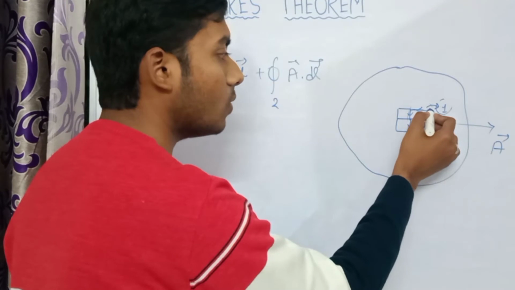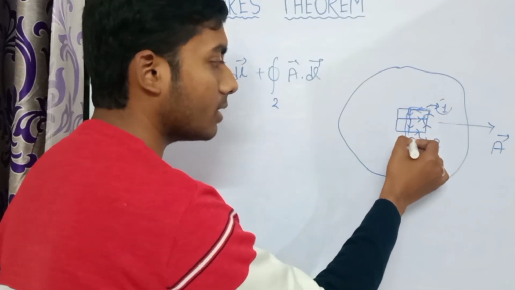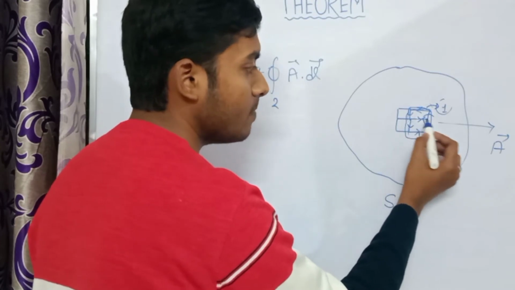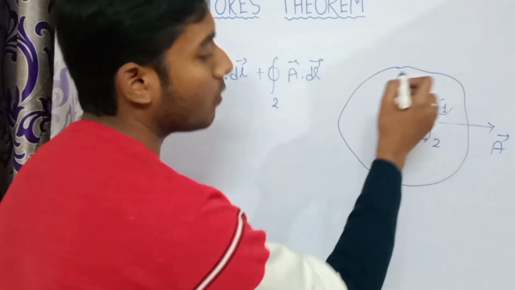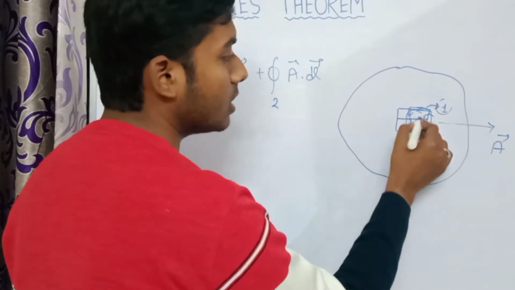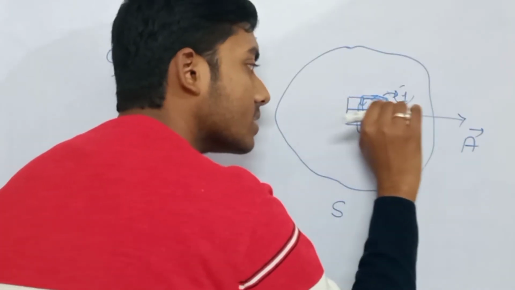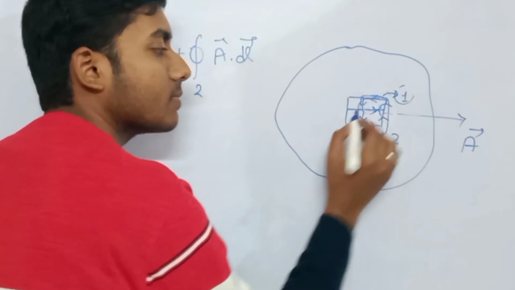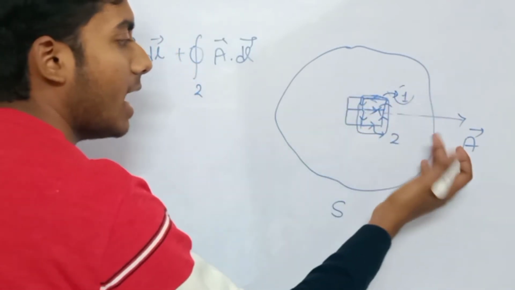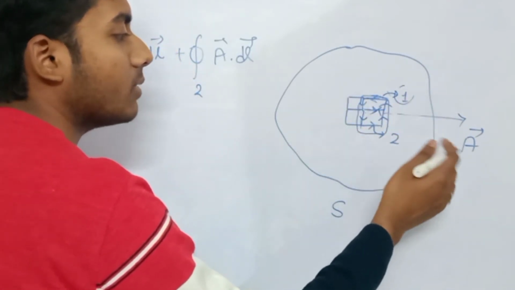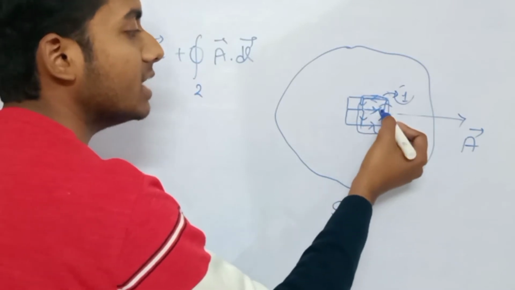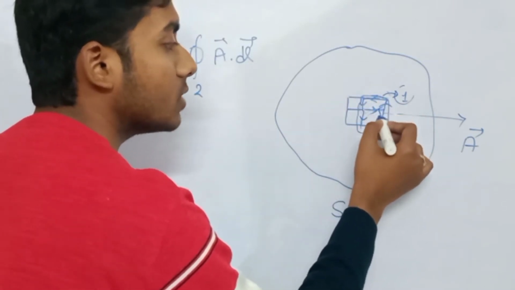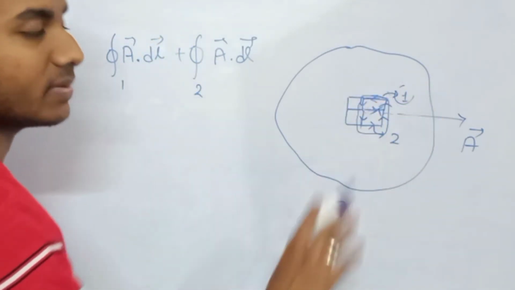Over only this total boundary, because for this internal side, for path 1 the circulation is directed along this direction, the arrow is in this direction. And for path 2, when we calculate the line integral, the circulation is along the opposite direction to the first one.